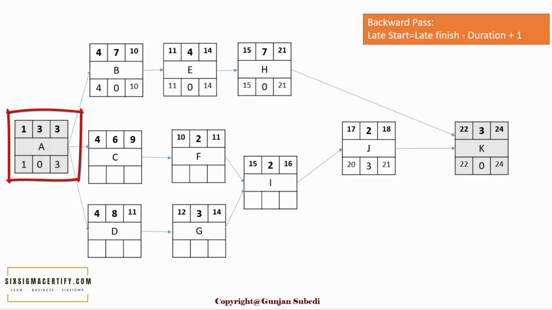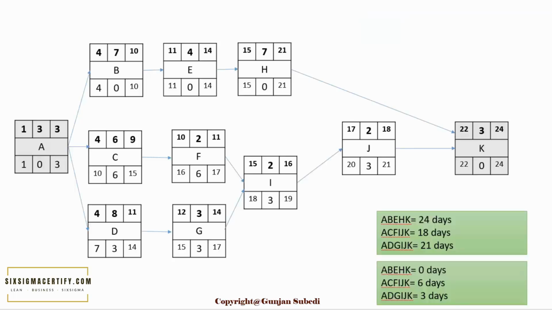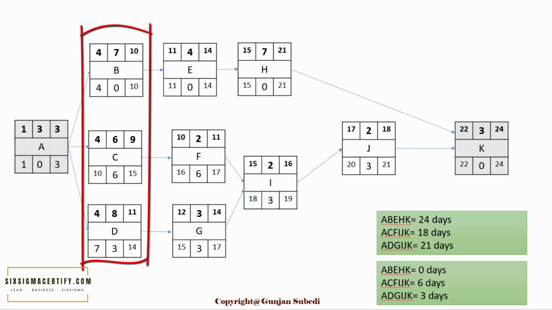By adopting the same method, if the late start of process step K is 22, then the late finish of the process step J will be 21 days. So by adopting the same method, we can calculate the early finish and late finish. There may be one confusion while we backward pass from the process steps B, C, D to process step A. We see here that the late start of B is 4, late start of C is 10, and late start of D is 7.